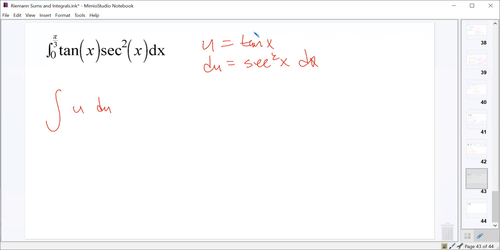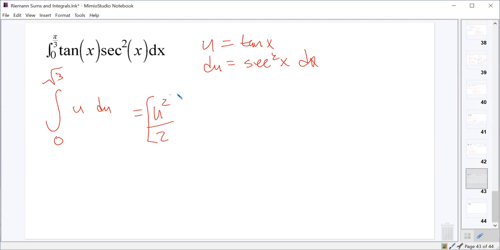So what's the tangent of 0? It should be 0. And the tangent of pi over 3, you should know what that is. What is the tangent of pi over 3? Should be root 3. Yep. And so we end up with u squared over 2.